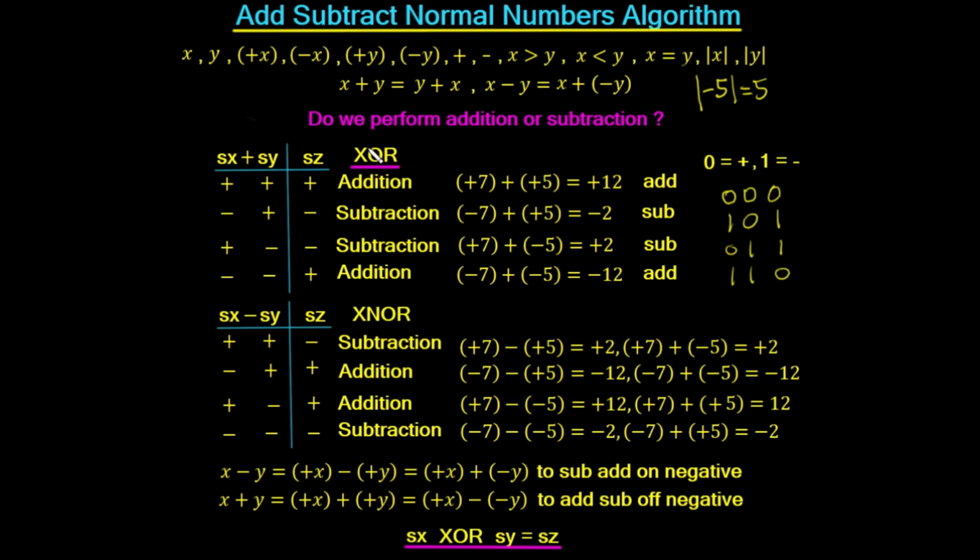Now we also mentioned that we're going to have to take care of the possibility that Sx is not greater than Sy, but Sx is less than Sy. So if we were to take this 5 column here and put it down here, and we take the 7 column and put it down here, we would have another 8 possible combinations.